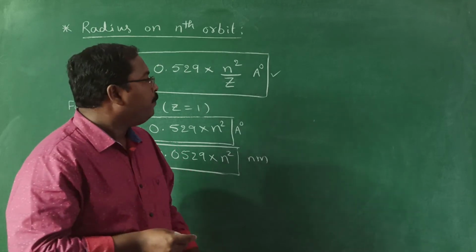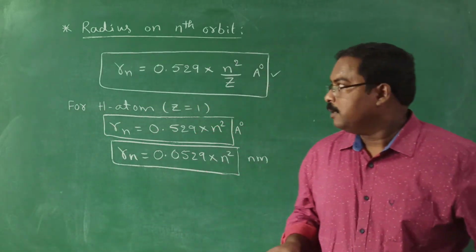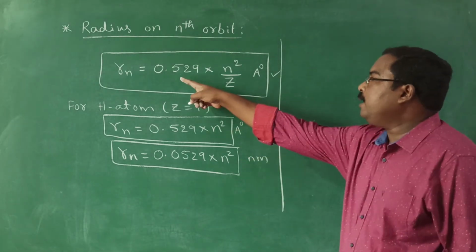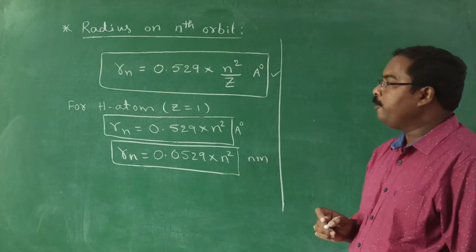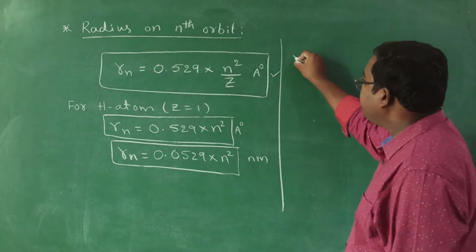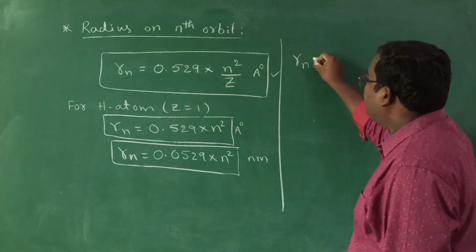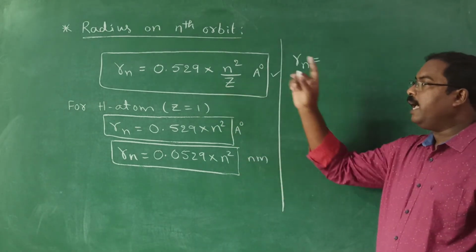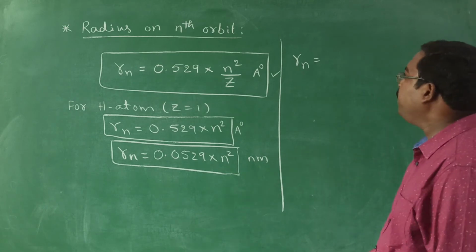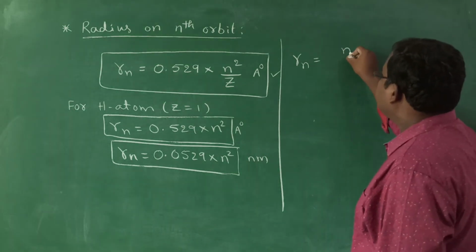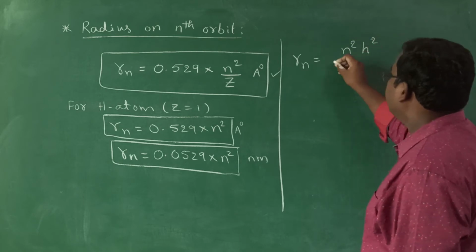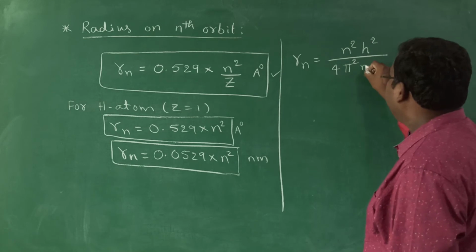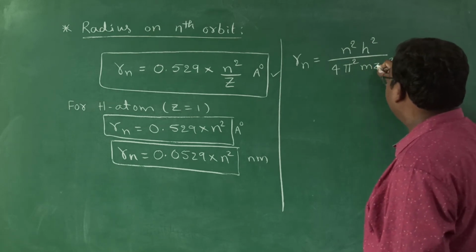Got it? Before copying all these, remember one thing: from where did we get this 0.529? After derivation, Bohr gave a formula to calculate the radius of the nth orbit. The formula given by him is n square h square by 4 pi square m z e square.